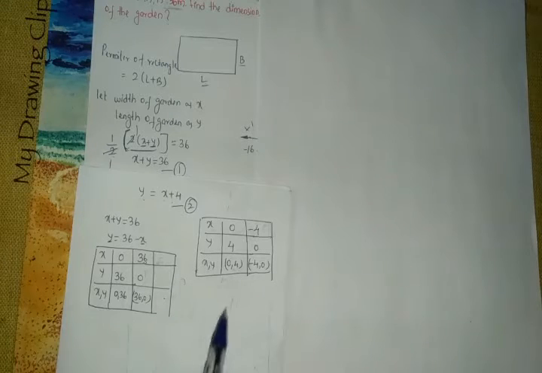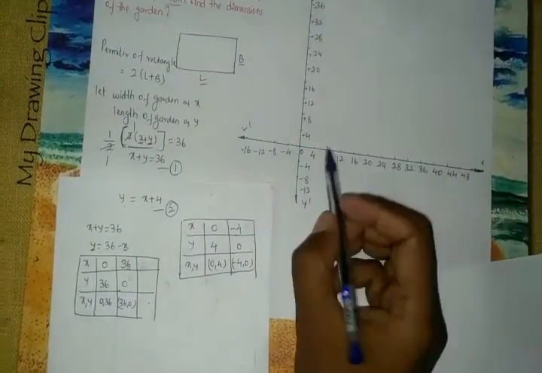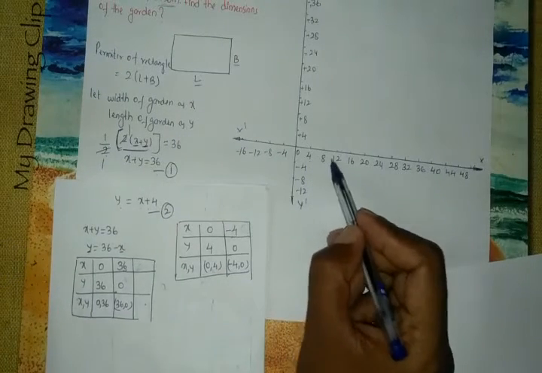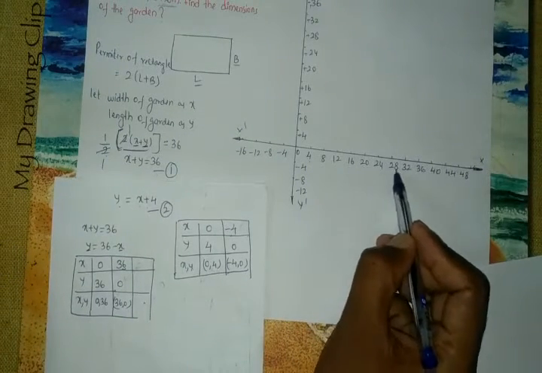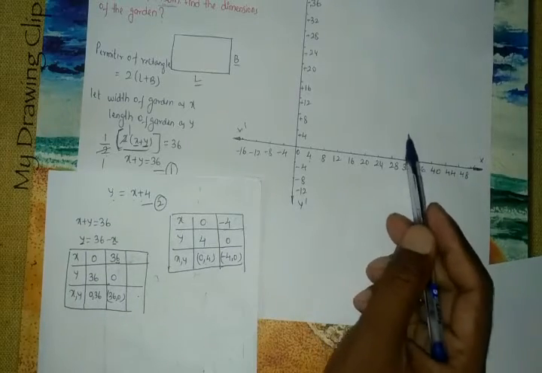If I take intervals 1, 2, 3, 4, 5 like this, it will not be sufficient to fit all in a single x-axis. So for that, I will take intervals as multiples of 4, as I have taken here: 4, 8, 12, 16, 20, 24, 28, 32, 36. 36 I can easily mark.